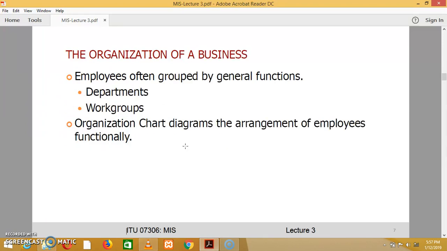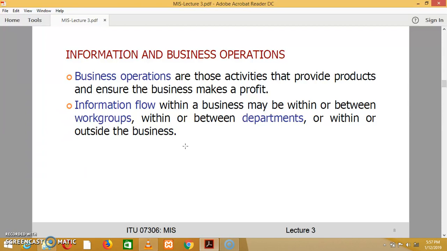So basically in this lecture you have to understand the concept of information and business operations, because our main aim is to integrate information systems within business operations. When I say business operation, we are talking about the activities that are done within the business so they can make profit, basically to produce a product and make profit.